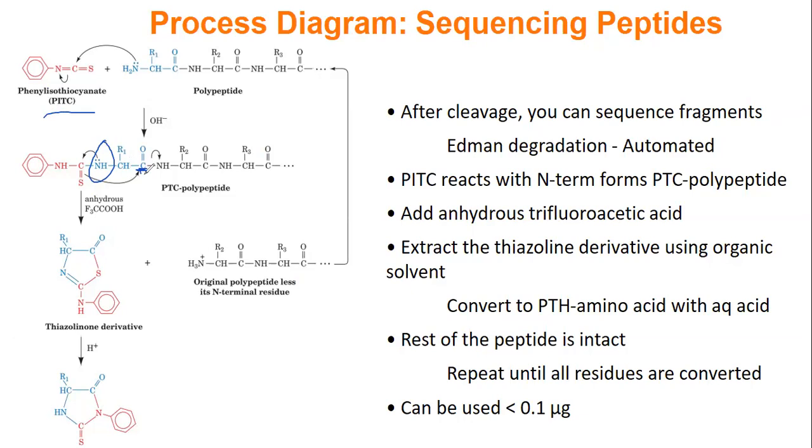Then, if you add anhydrous trifluoroacetic acid, what will happen is that you will cut off your N-terminus residue, and you make this derivative. And when you add acid, you make what's called a PTH amino acid.